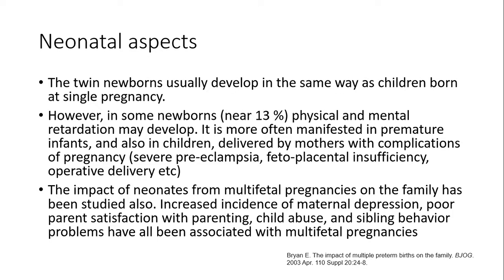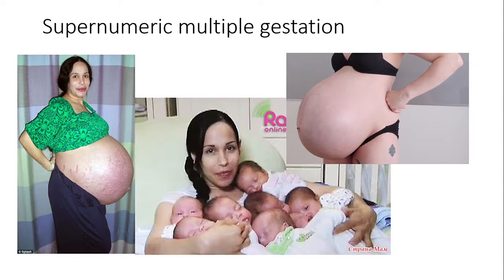The impact of neonates from multi-fetal pregnancy on the family has been studied. Also, increased incidence of maternal depression, poor parent satisfaction with parenting, child abuse, and sibling behavior problems have been associated with multi-fetal pregnancy. Don't forget about this.